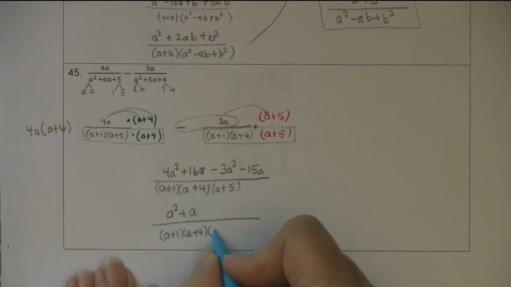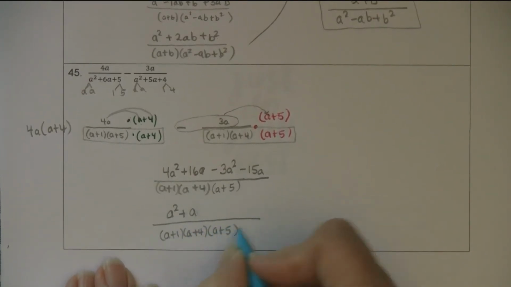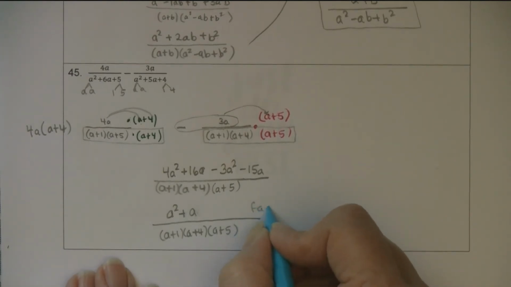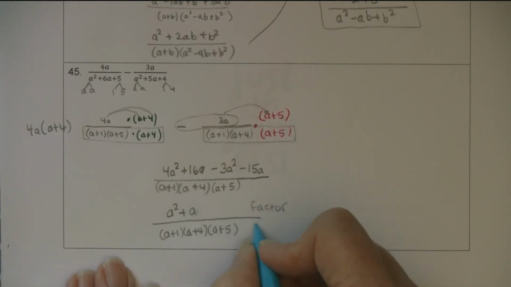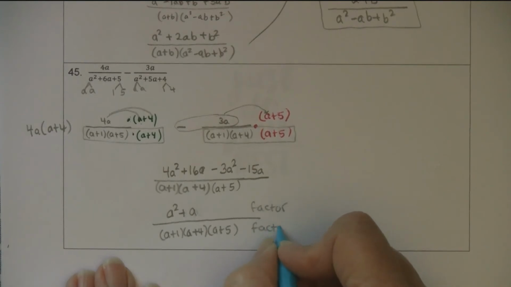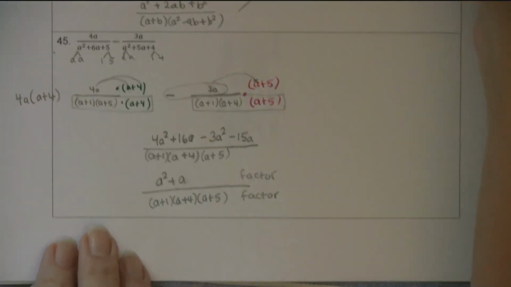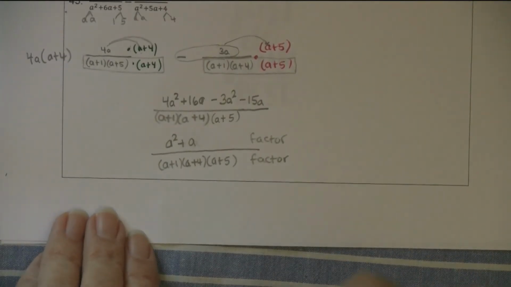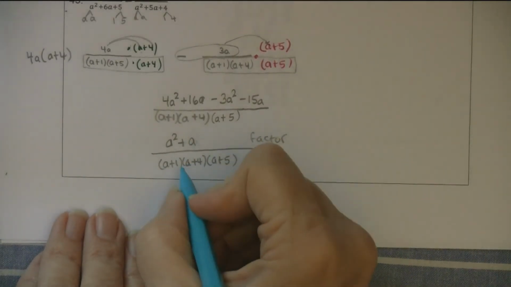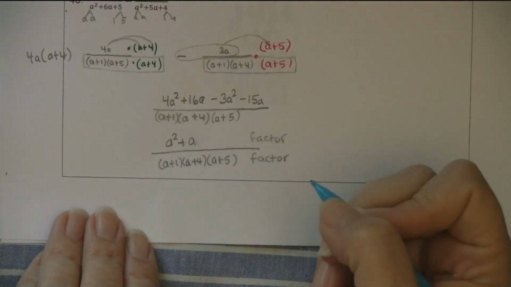And then how you reduce it is you factor, right? The guy was really saying factor, even though it sounded like pizza to you. But I think that's what you need to do. You need to factor the top and you need to factor the bottom. Good news, the bottom's already factored.